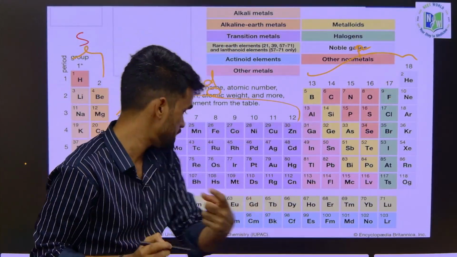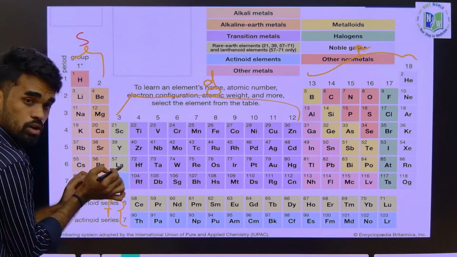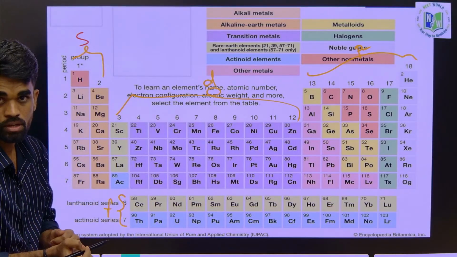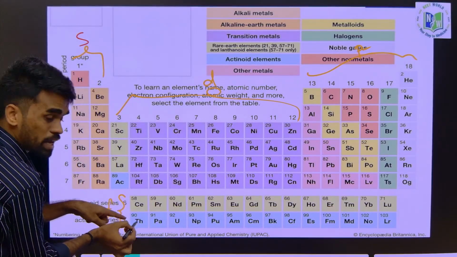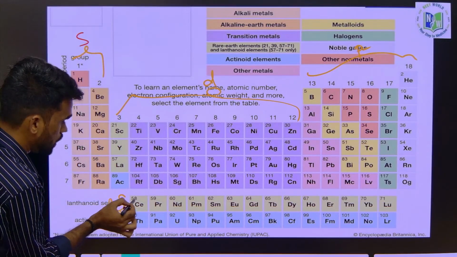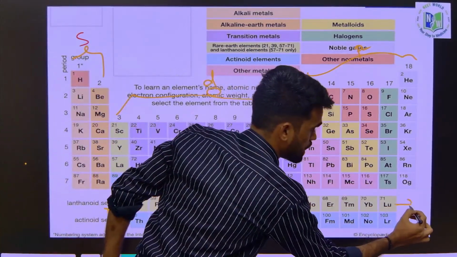Okay. Next, I am going to ask you one question. What is the group number and period number of these F block elements? See, these F block elements you are seeing at the bottom of this periodic table belong to this cerium here. The first line is called lanthanides.